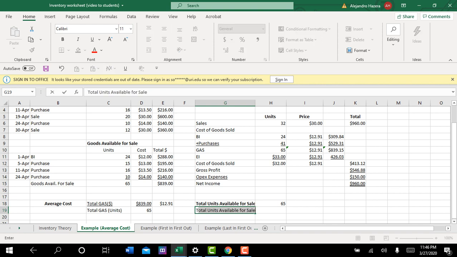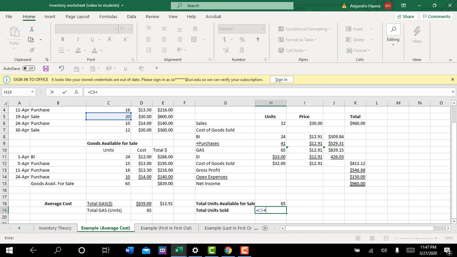My total units sold are the April sales of 20 units, plus the April 19th sales of 20 units, plus the 12 units sold on April 30th. So the total units sold were 32.